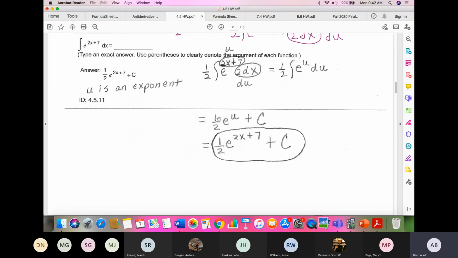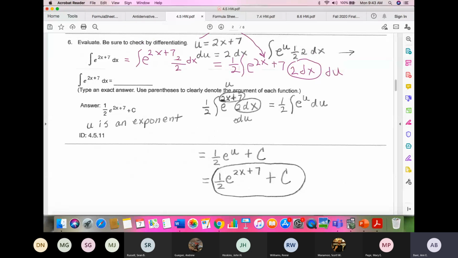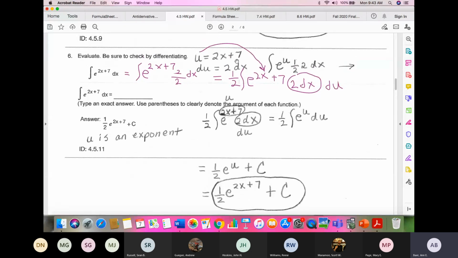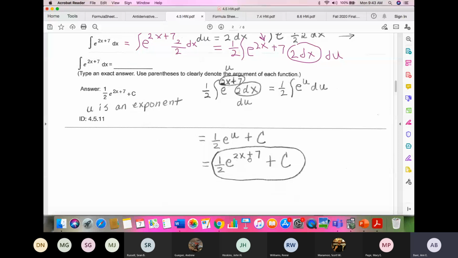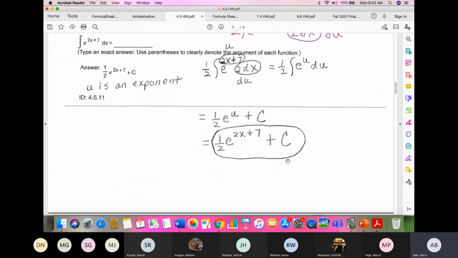This is a number, this is our constant of integration. The only thing we have to look at is what this u is equal to. And u is equal to 2x plus 7. So we take out the u, replace it by 2x plus 7, and we're copying down everything else. And we get 1/2 e to the 2x plus 7 plus a constant of integration.